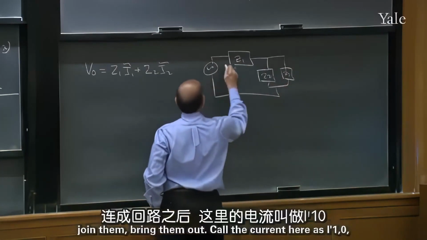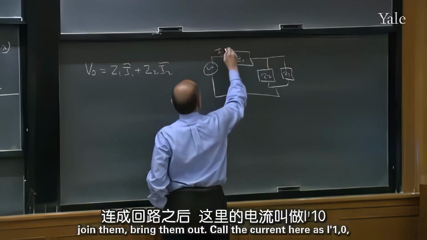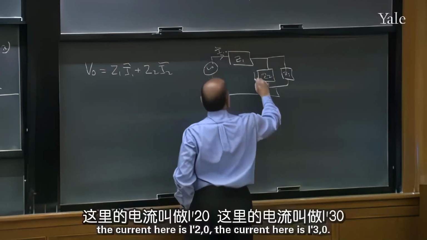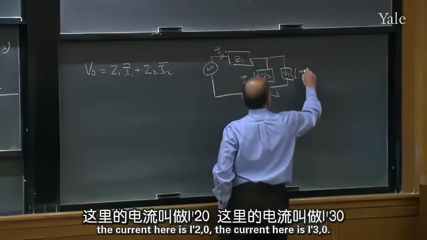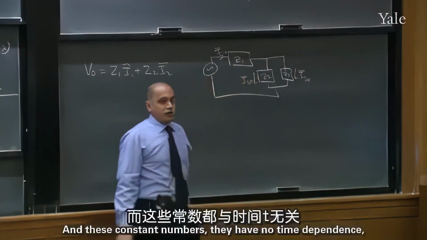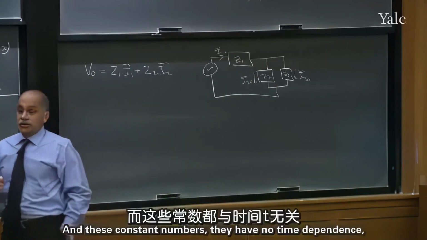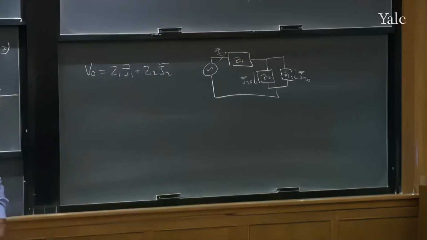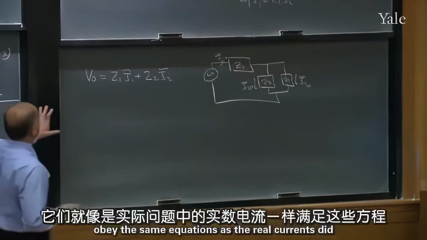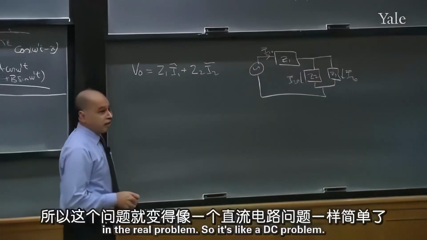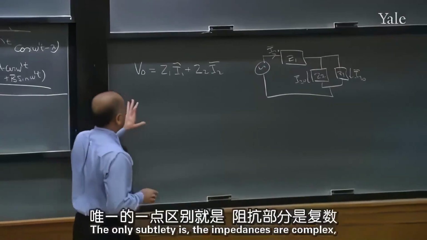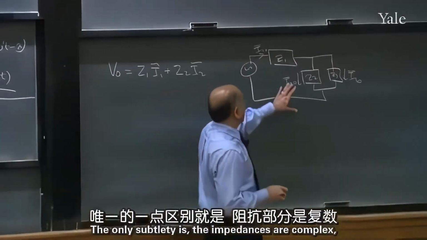Join them, bring them out. Call the current here I1 twiddle 0. The current here is I2 twiddle 0. The current here is I3 twiddle 0. And these constant numbers, which have no time dependence, obey the same equations as the real currents did in the real problem. So it's like a DC problem. The only subtlety is the impedances are complex.